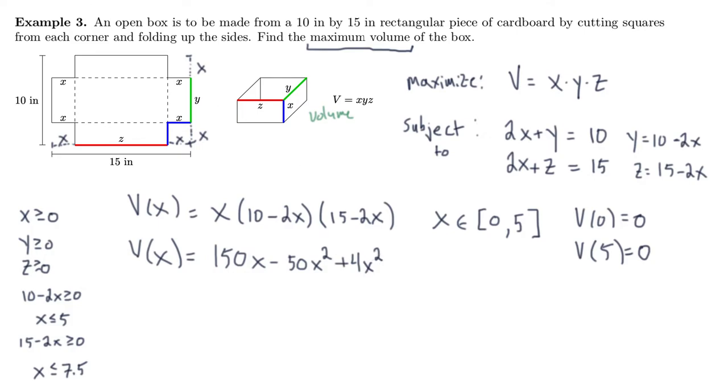Sorry, 4x cubed, because we get a 4x squared times x, 4x cubed. And so the derivative is 150 minus 100x plus 12x squared.